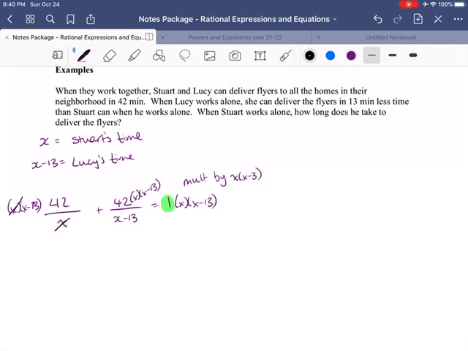The x and the x simplify, so you're going to be left with 42 and x minus 13. And the x minus 13 and the x minus 13 simplify, so you're going to be left with 42x. And on the right side, you're left with x and x minus 13.